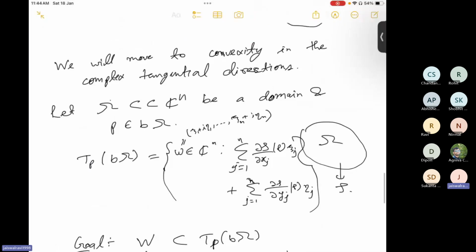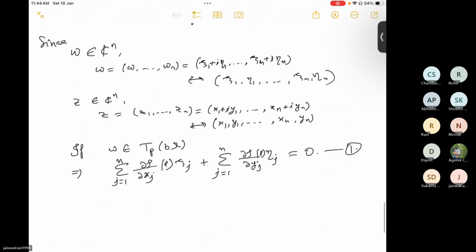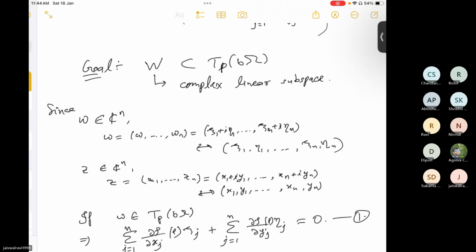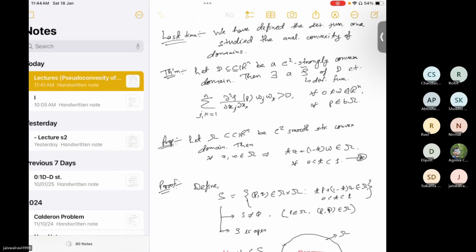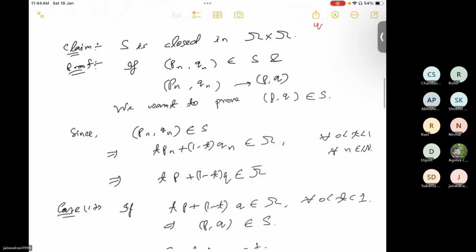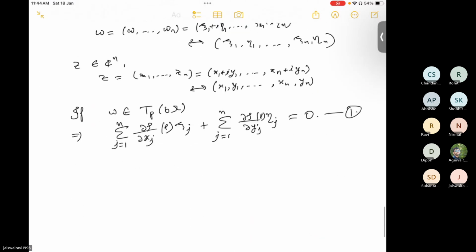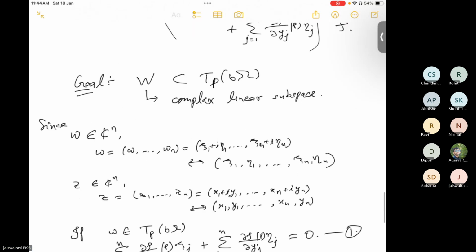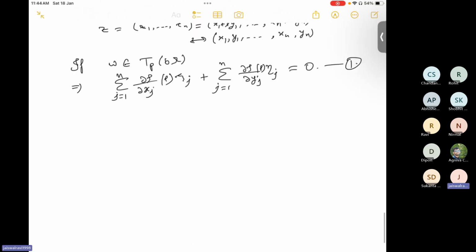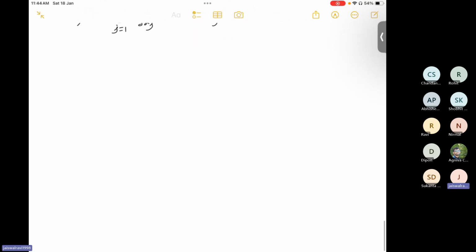So where are we? Yeah. So what I am doing is, we are moving from convexity to analytic convexity to complex, or say pseudo convexity.